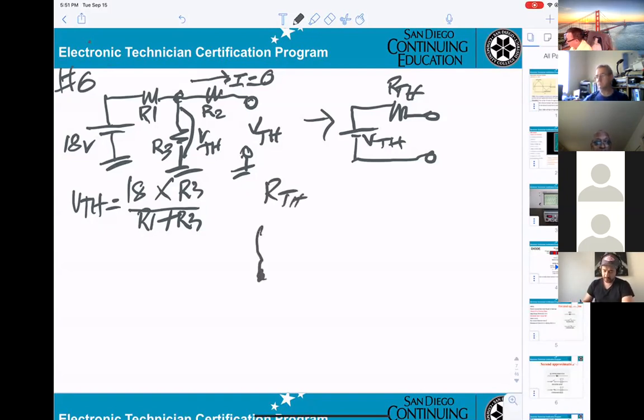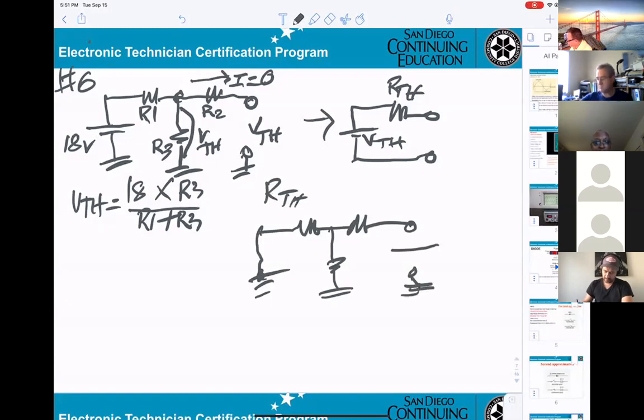That will be shorted here, and that R1, R2, and that will be R3. And from the open here, I suppose the current coming in. That's what we call R Thevenin. The current coming in. Okay, see how they go: R1, R2, R3.